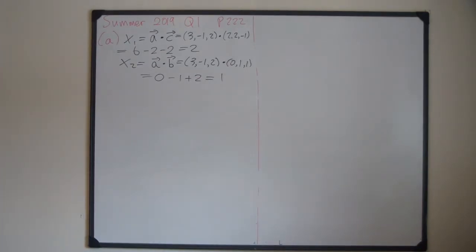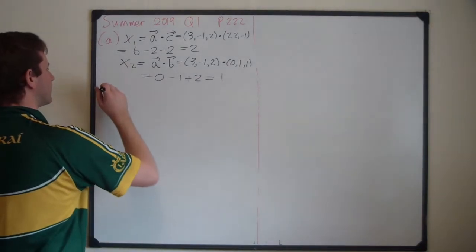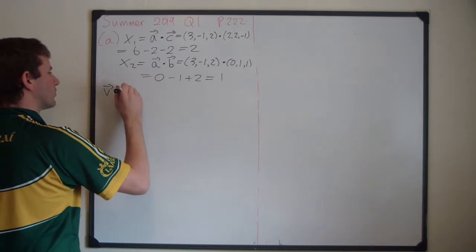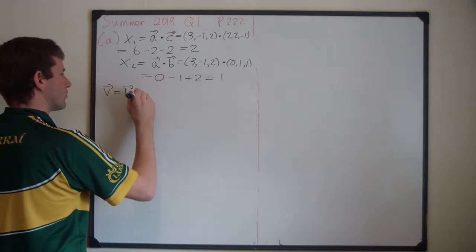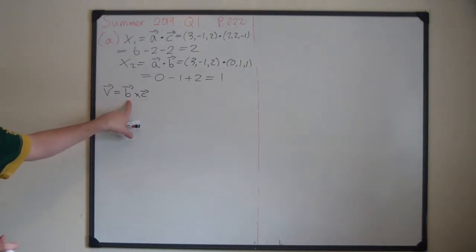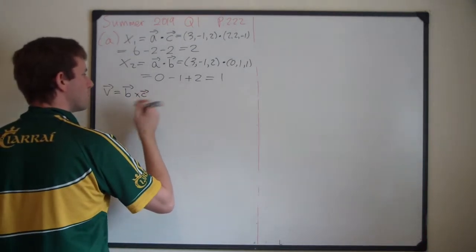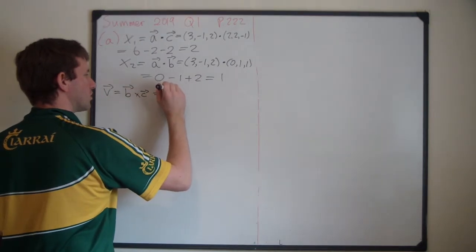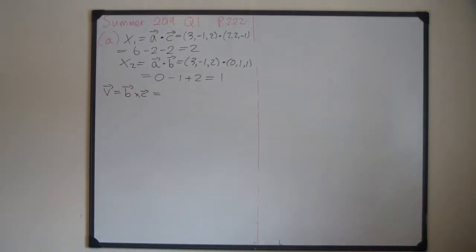And then v is equal to B cross C. So you've got your dot product, which is easy, which is also called the scalar product.